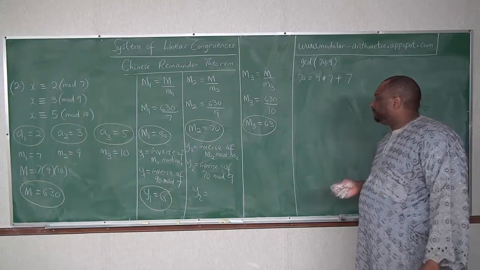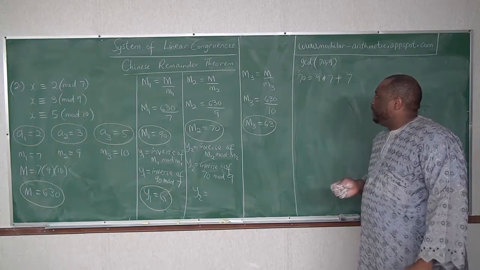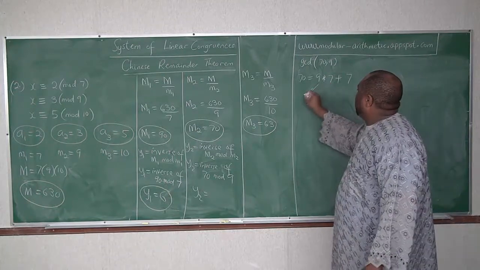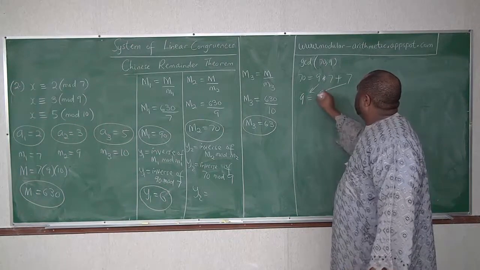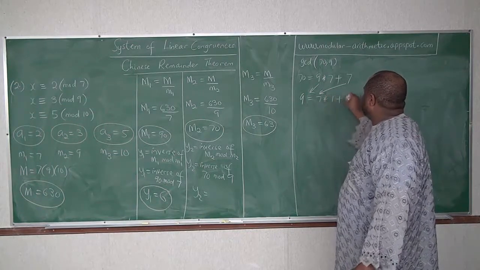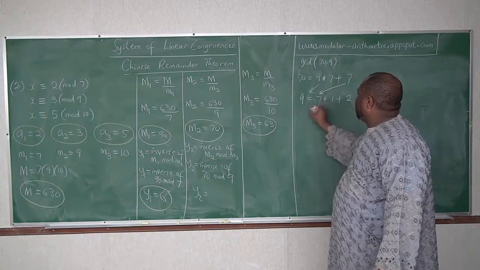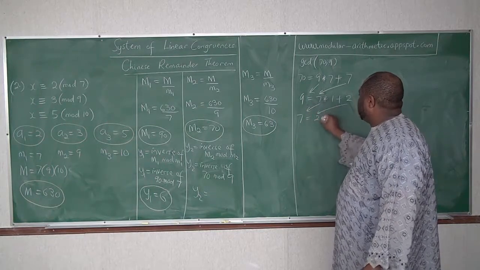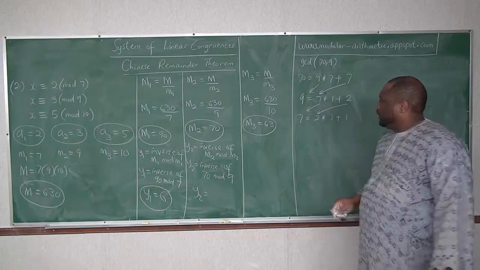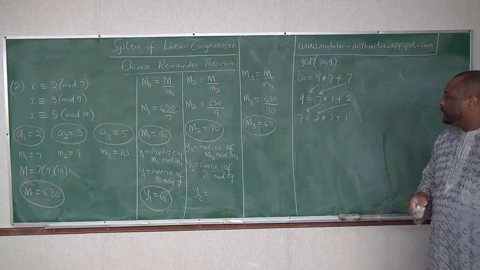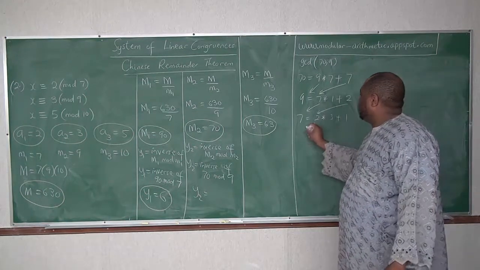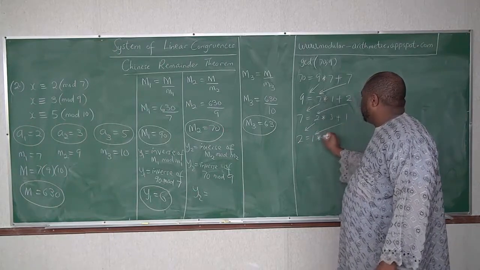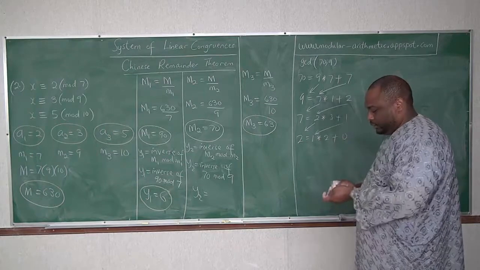That's 70. Then 9 is 7 times 1 plus 2. 7 is 2 times 3 plus 1, since 2 times 3 is 6, plus 1 is 7. And 2 is 1 times 2 plus 0. So the GCD is 1.